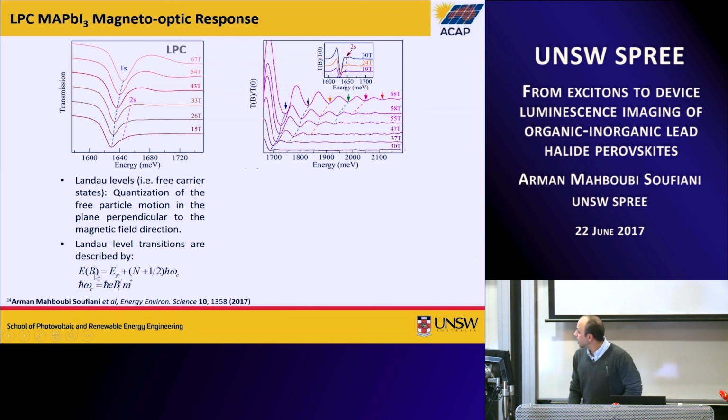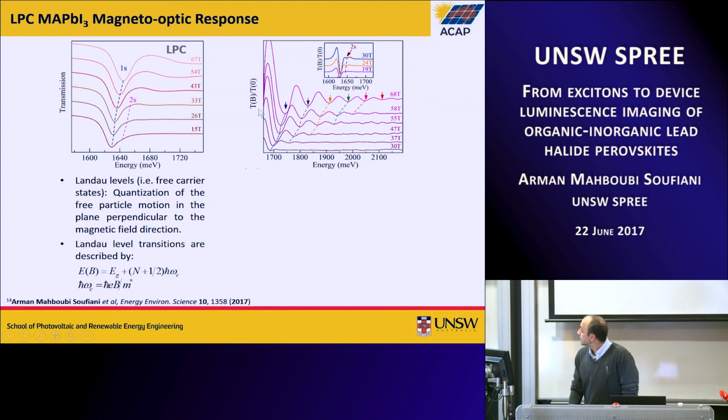The Landau level transition energies are explained by this equation. N is the quantum number of the Landau level. B is the magnetic field, and this is the reduced mass of the exciton.